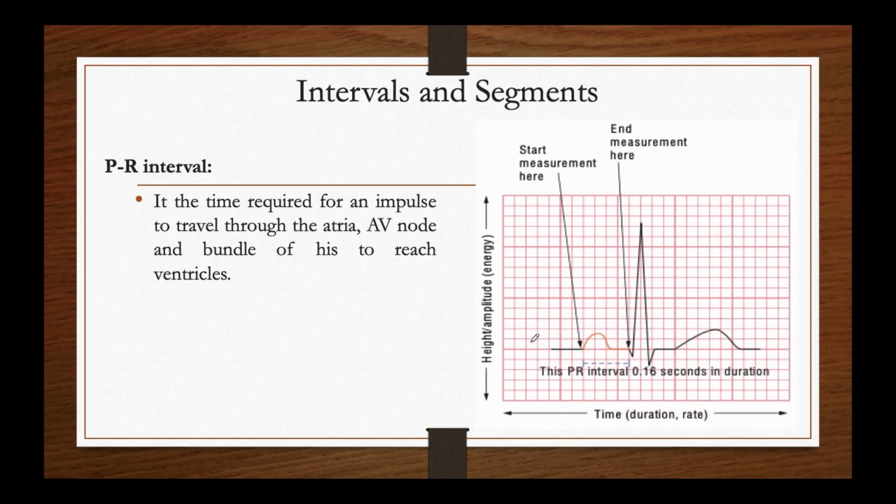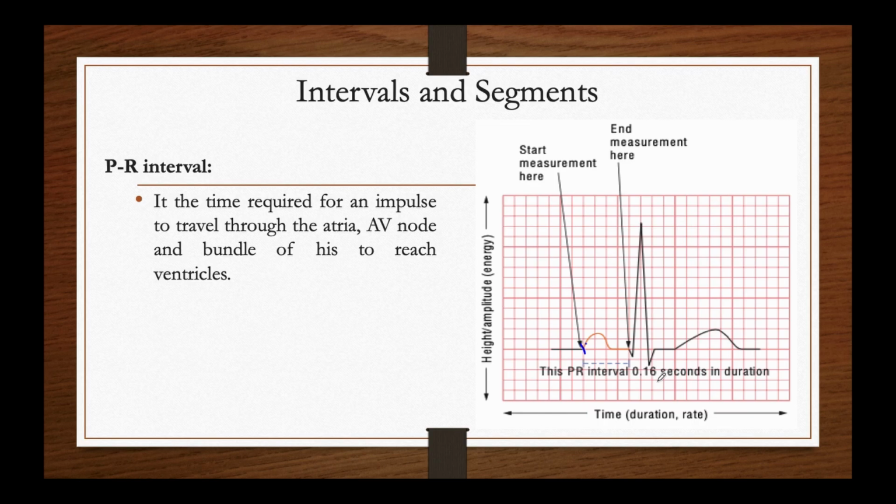So in this diagram, as you can see, we start measuring from this place as the arrow is pointing, to the beginning of the Q wave. So the time interval from this place to this place, what we refer to as the PR interval, usually is about 0.16 seconds in duration.